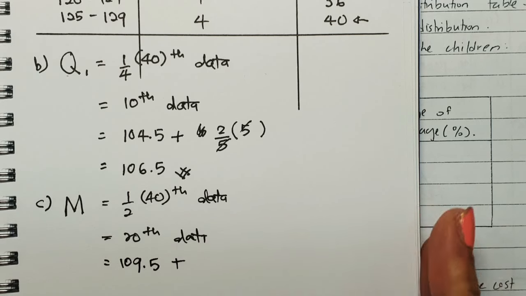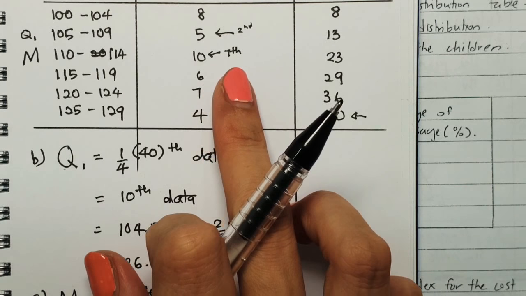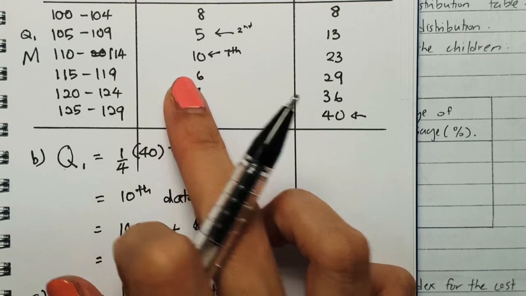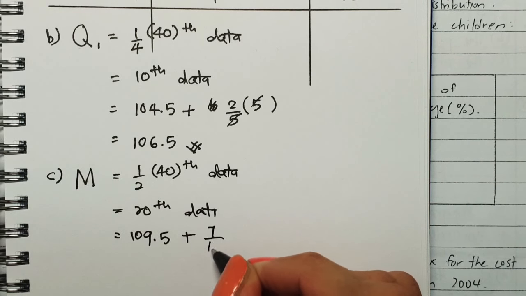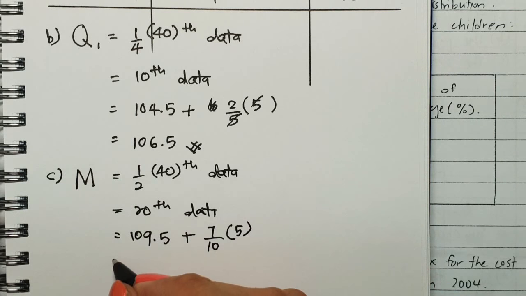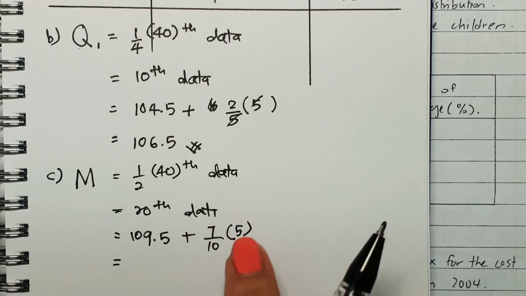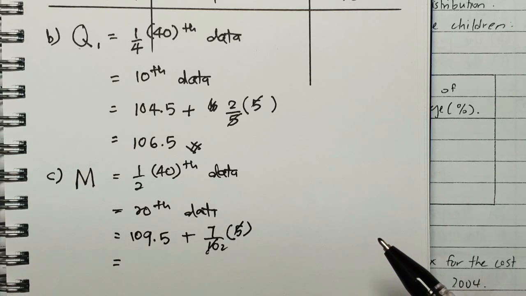109.5 plus, where is exactly our median? It is the 7th data out of the total 10 data. So 7th out of 10, times the class size of 5. If you use a calculator, this is 3.5. 7 divided by 2 is 3.5.